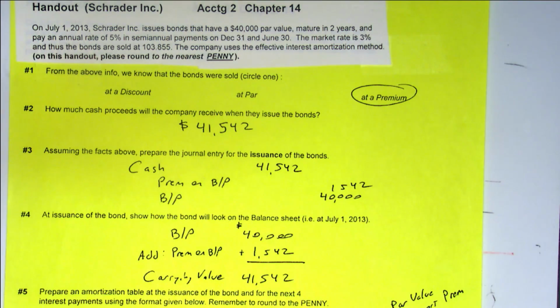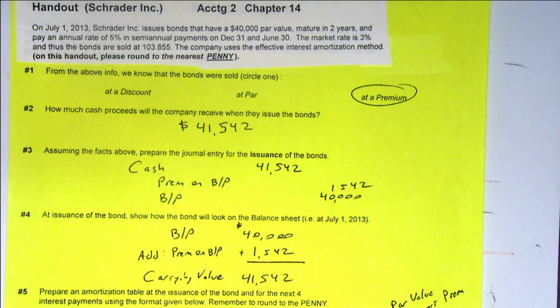Okay, let's go ahead and take a look then at the Shraer handout. Is that correct? Hopefully these are getting easier as you have more practice. Okay, there is the first 4 of the Shraer handout. I won't read through that. You can read it right there. I think I did ask you to round to the nearest penny on this one because it's a 2-year bond.